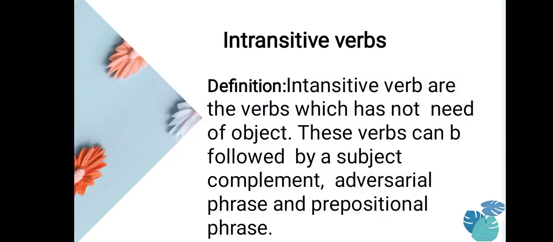So this is the intransitive verb. First of all, let's learn the definition of an intransitive verb. Intransitive verbs are verbs which have no need of an object. In a transitive verb you will find there is a requirement of an object, but in intransitive verbs, there is no need of any object.